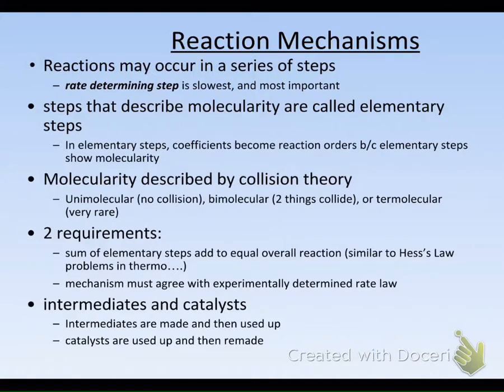But out of all the steps, the one that's the most important is called the rate-determining step, or the slow step, because that one is the one that sets the pace. It's like the pace car in NASCAR racing or something. You can't go any faster than the slowest step in a chemical reaction. That's why it's called the rate determining step.